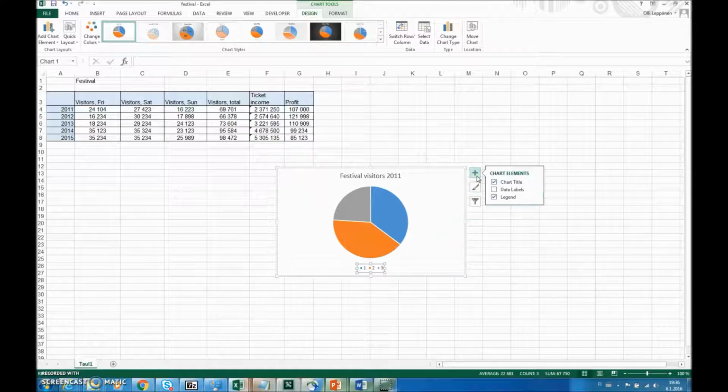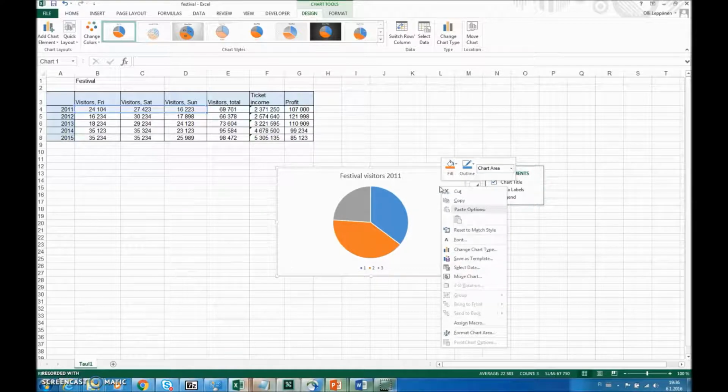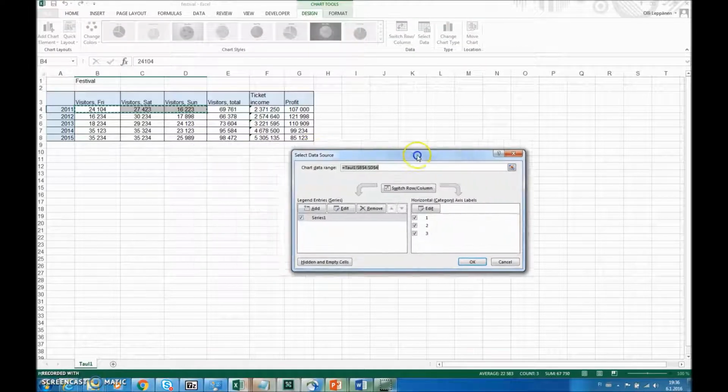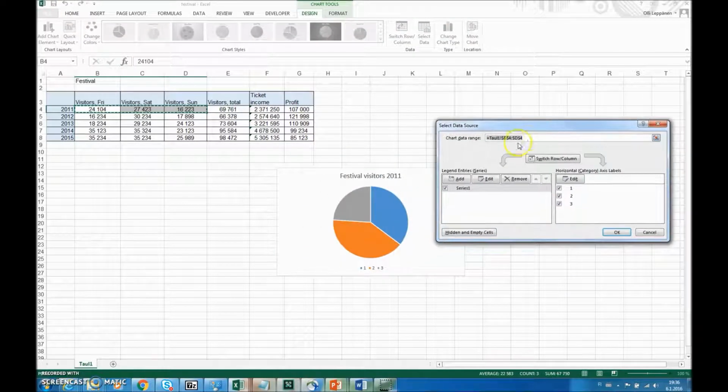But how can we show the labels for those? Let's right click the chart itself, and from here select data. And here we have explanations of the different series in our chart.